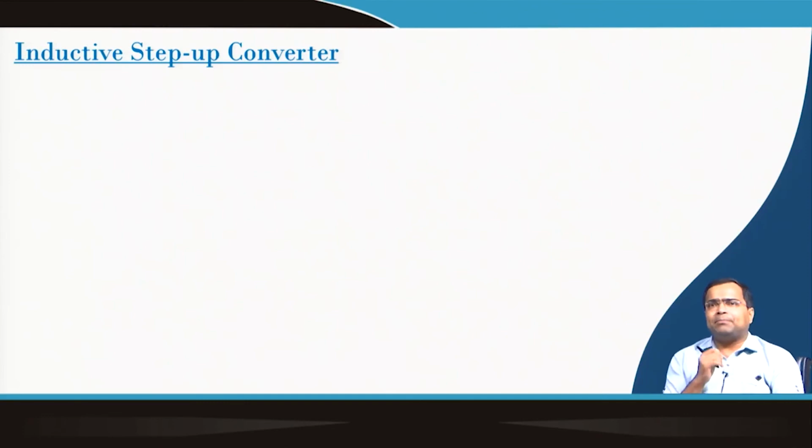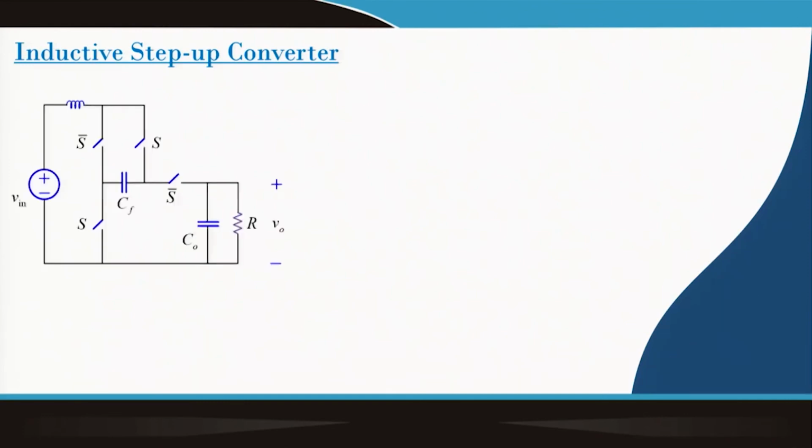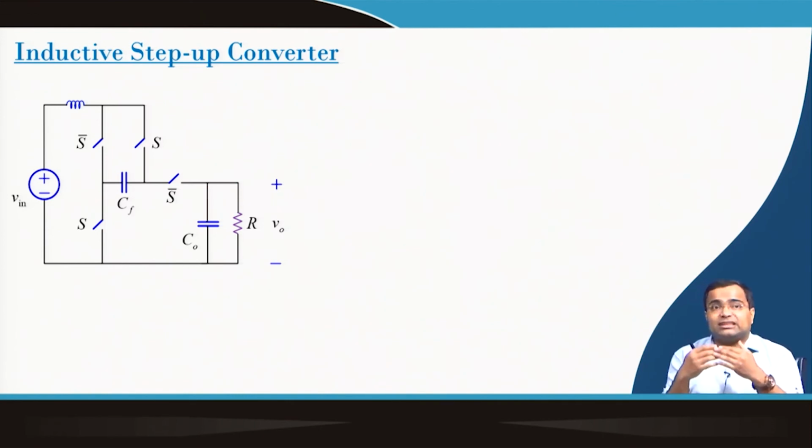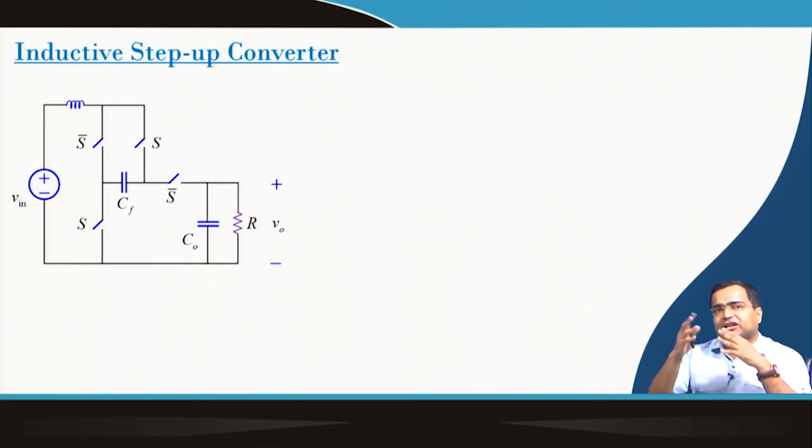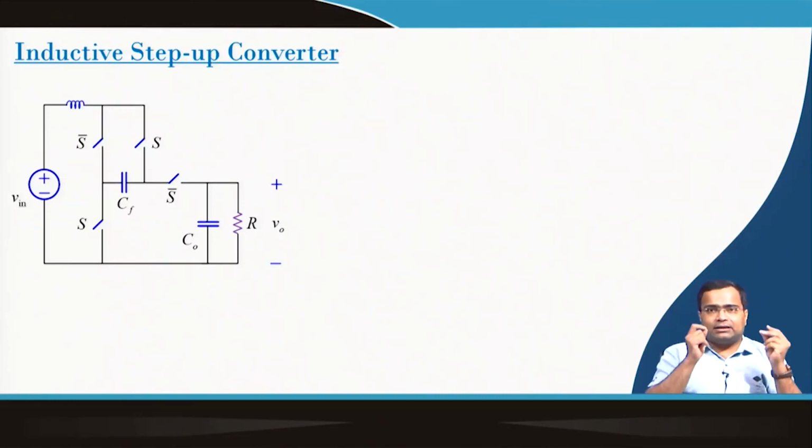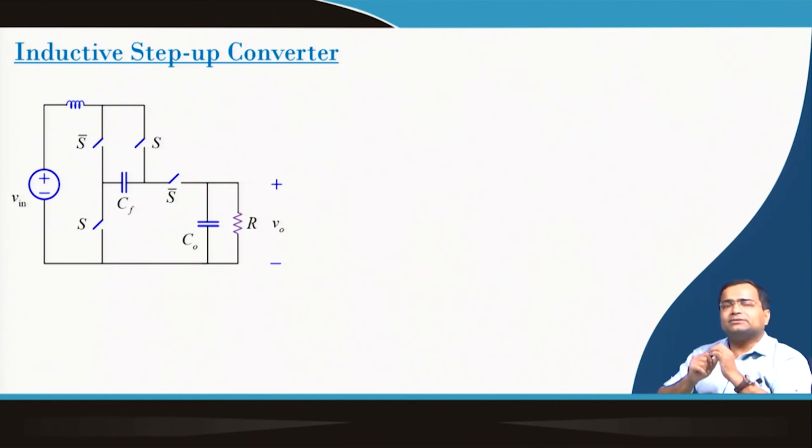If we take the step up DC-DC converter, we have an input voltage, and again we start with a hybrid switch capacitor boost converter, where the flying capacitor is responsible for the energy transfer process, but the inductor is still a small inductance.